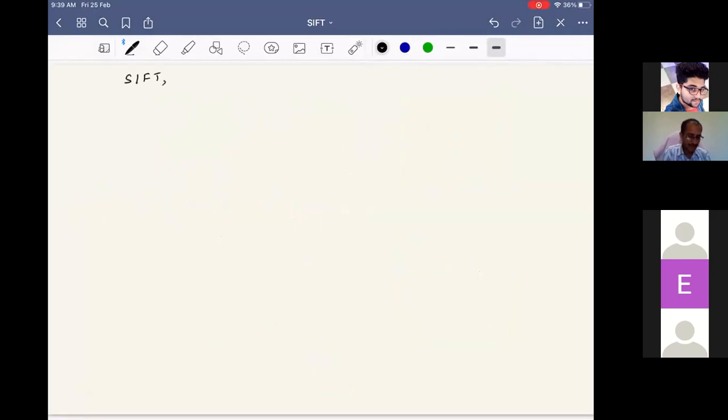Scale invariant feature transform is the method from 2004, as I mentioned. After that, a very fast implementation of scale invariant feature transform was proposed, that is SURF. And after SURF, there are several methods which use different kinds of key points.